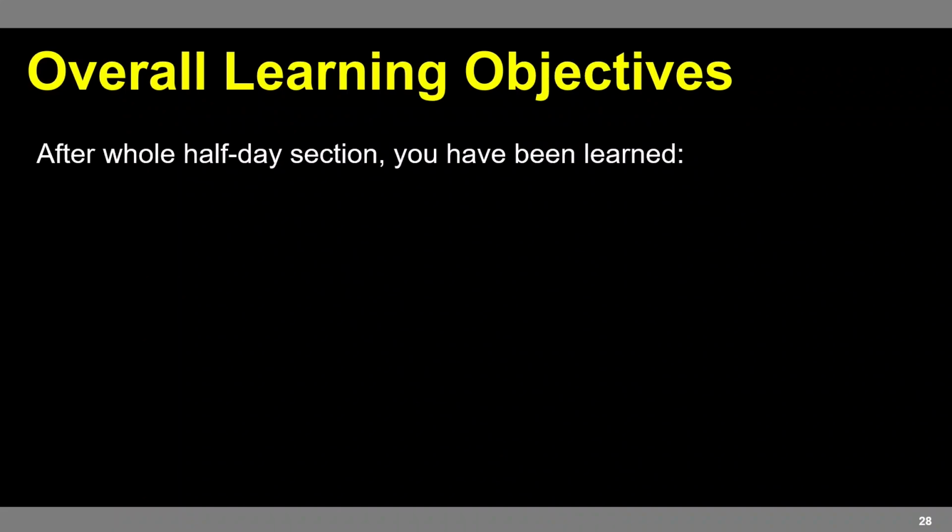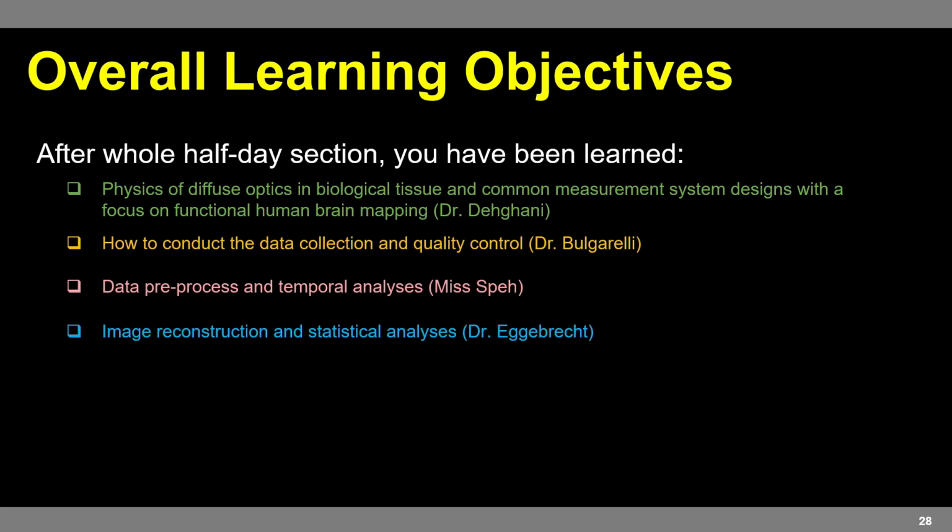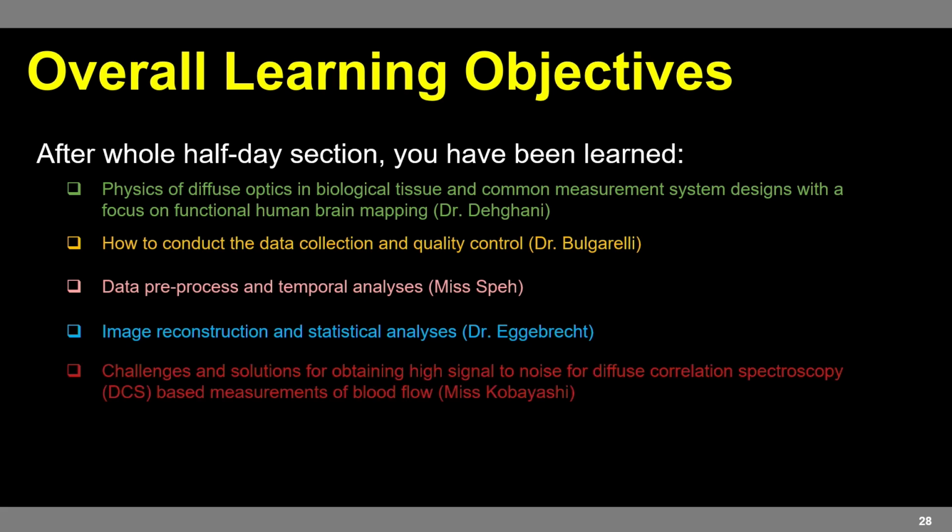So, an overview of this morning's session. You already maybe know the fundamental knowledge of NIRS, know how to collect the data and do quality control, and know how to process the data in the time domain and the spatial domain. Lisa also talked to us about another NIRS-related modality, diffusion correlation spectroscopy.